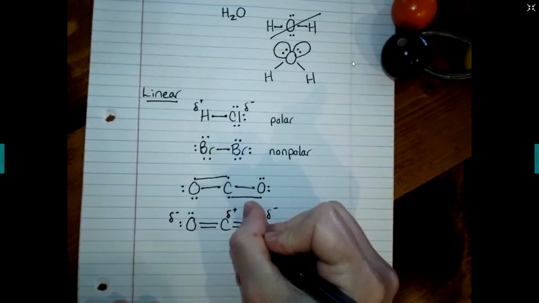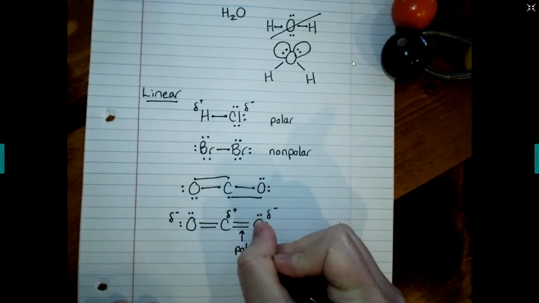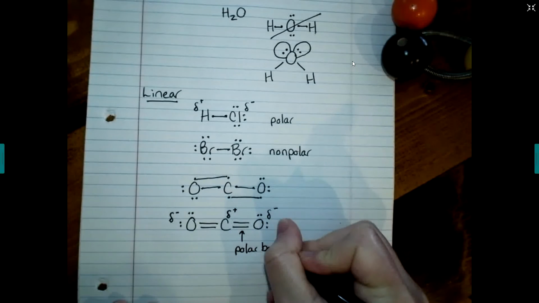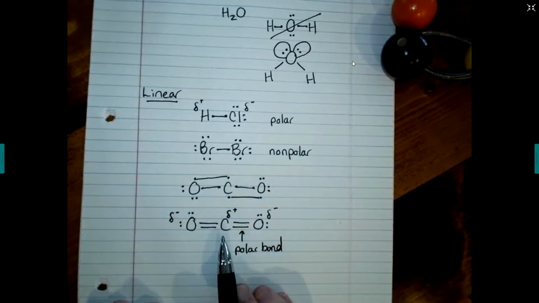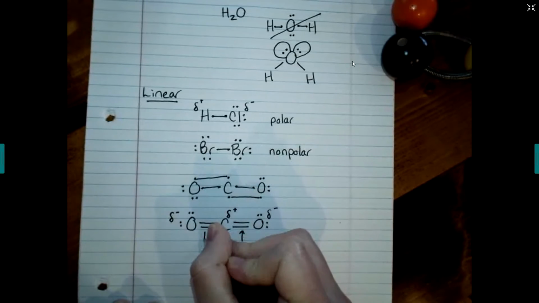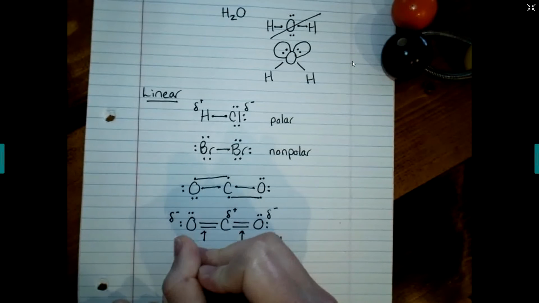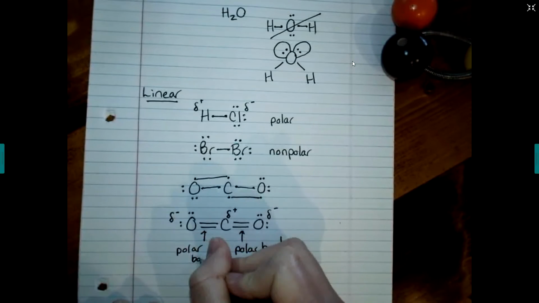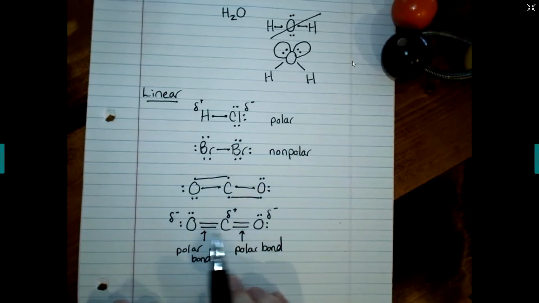We're definitely calling this a polar bond. If you look at the bond between carbon and oxygen, this is slightly positive, this is slightly negative. That's what makes it polar. This is also a polar bond. Again, the bond between oxygen and carbon is polar.